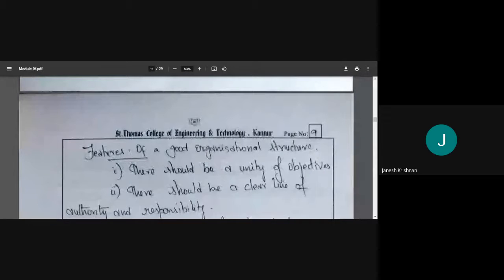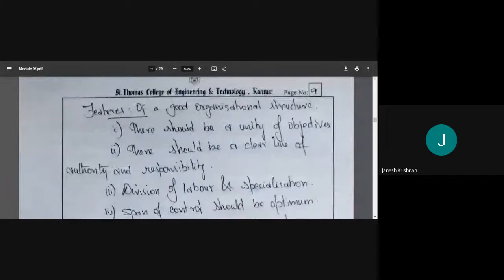Then act as a tool for achieving the objectives. Then a good organization structure should have unity of objectives. Unity of objective means all of you should complete the project within the prescribed time. Then there should be a clear line of authority and responsibility. So if your project is not completed, we will go to your project guide: what happened, why is it not completed, what can be done?